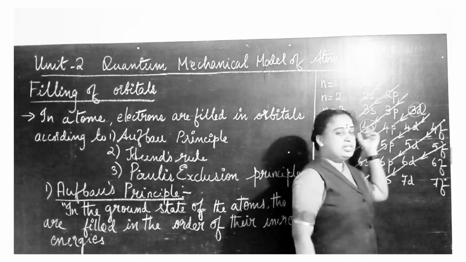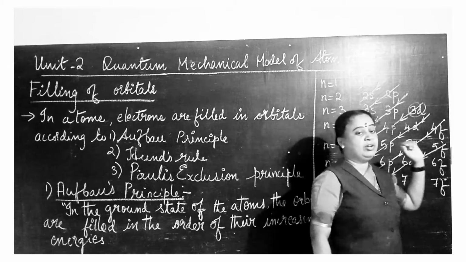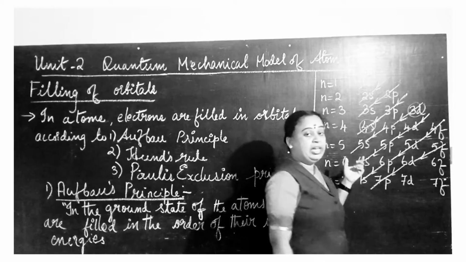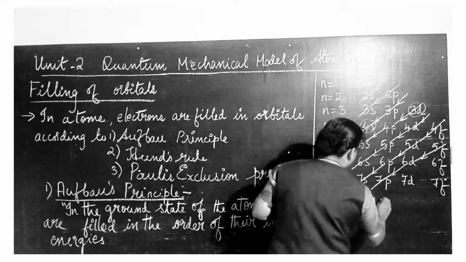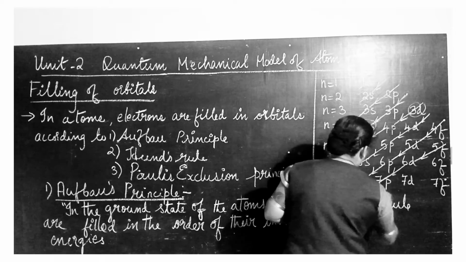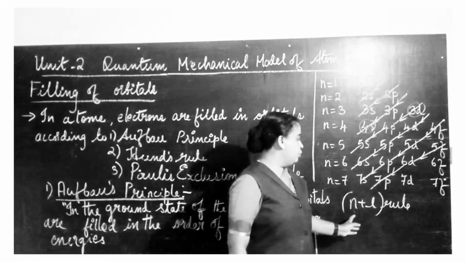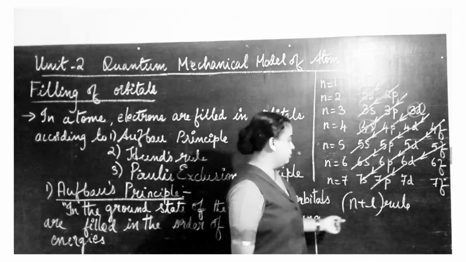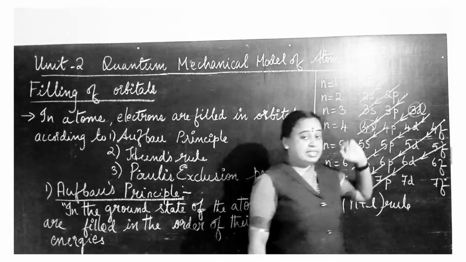So how do we calculate that? How do we tell that 4s has lower energy and 3d has higher energy? It is based on the n plus l rule, where n is the principal quantum number and l is the orbital quantum number.